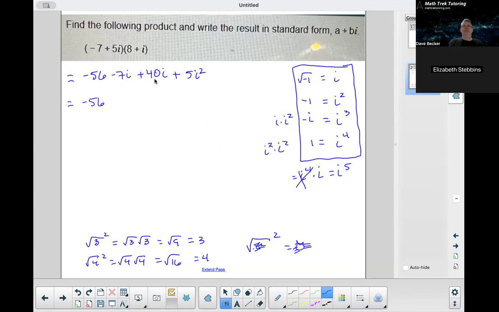And then negative 7i plus 40i is 33i. And what does i squared equal? Negative 1, right? Yeah. So it's 5 times negative 1.